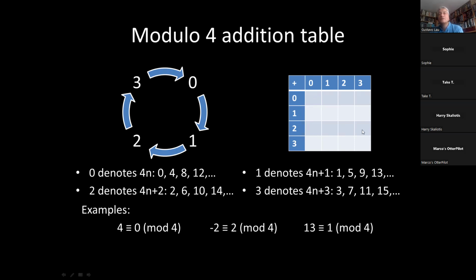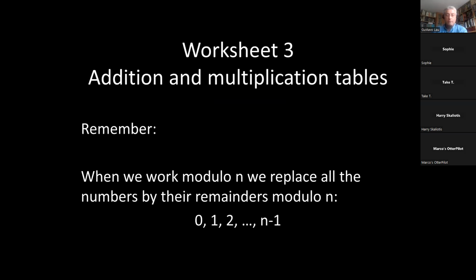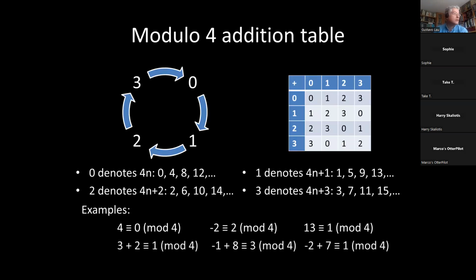Sophie, the next row. 2, 3, 0, 1. And Take, the last one. 3, 0, 1, 2. Sorry, what happened here? Okay, I got my mistake, I went back. So yes, that's the table.